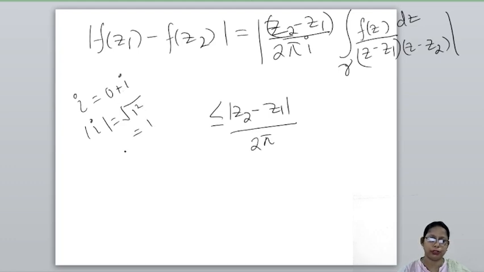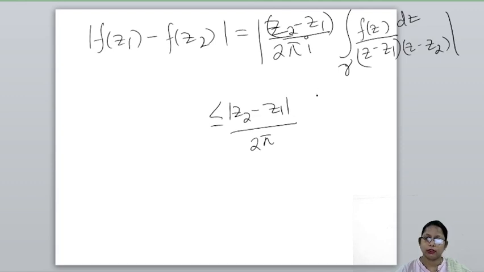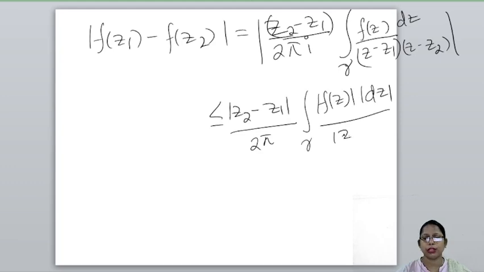Here the coefficient is 1. Then this will be the integral of mod of f(z), mod of dz, divided by mod of (z minus z1) and mod of (z minus z2).